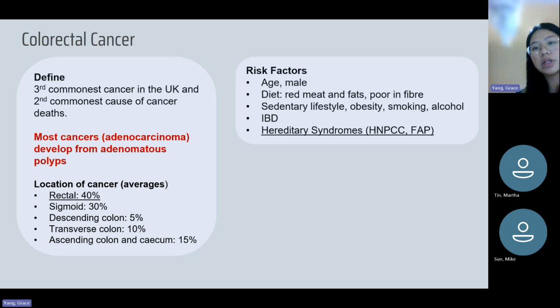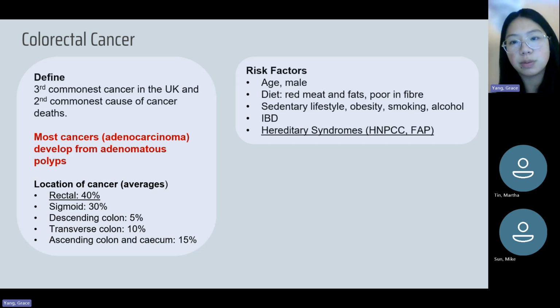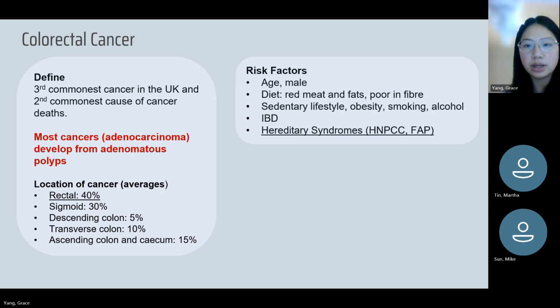There are the ones you can't change, which are age and being male. But diets high in red meat and fat and poor in fiber also increase your chance. As with probably most cancers, a sedentary lifestyle, obesity, smoking, alcohol, and having IBD also increase the chance. And importantly, the hereditary syndromes, which we'll go through.